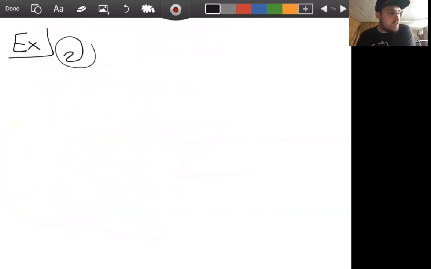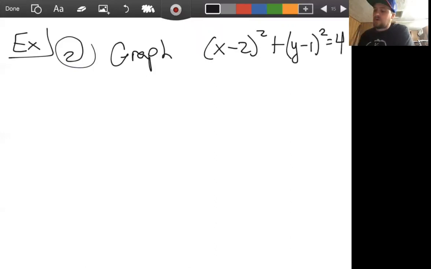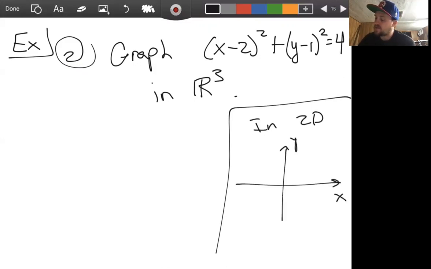Let's graph (x - 2)^2 + (y - 1)^2 = 4. And so if I gave this to you, remember, I want to graph this in R3. If I told you this in 2 dimensions, you would say, okay, well, that's in the xy plane.